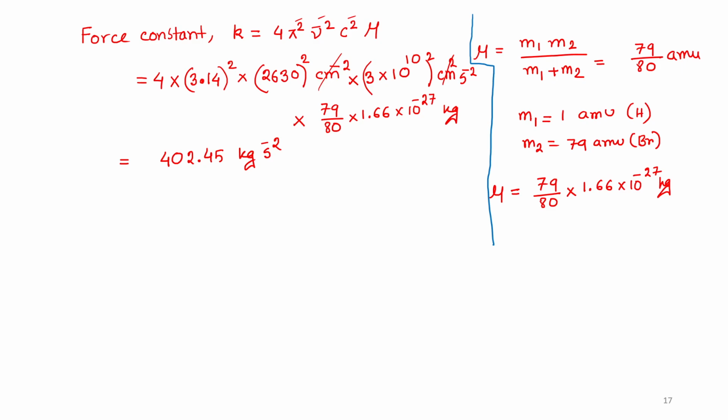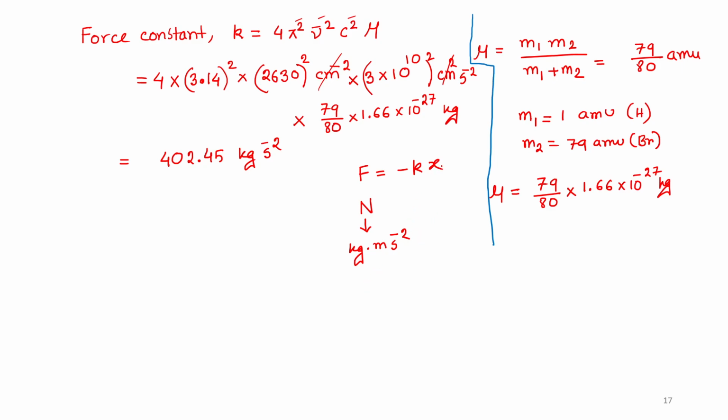Now let's see if we have done it correctly. Is the unit correct or not? How can we check that? Remember, I have given you a formula that force is equal to minus kx, where k is the force constant and x is displacement. We know what the unit of Newton is. Force is mass into acceleration, kg meter second minus 2.